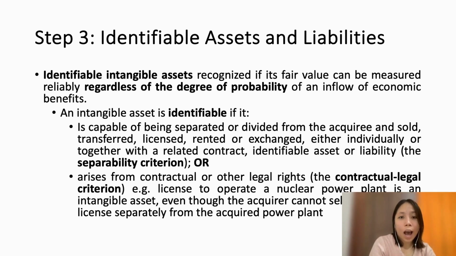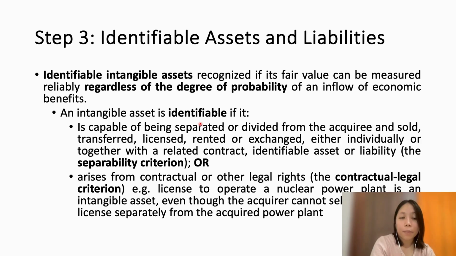However, in accounting for business combinations, identifiable intangible assets are a departure from the general asset recognition principle. For identifiable intangible assets, or those assets that do not have a physical form, in business combinations, we are able to recognize them even if they are not probable, so long as they are identifiable.